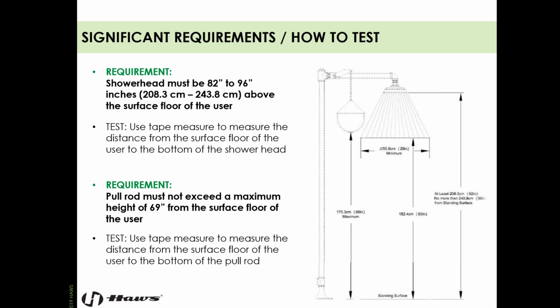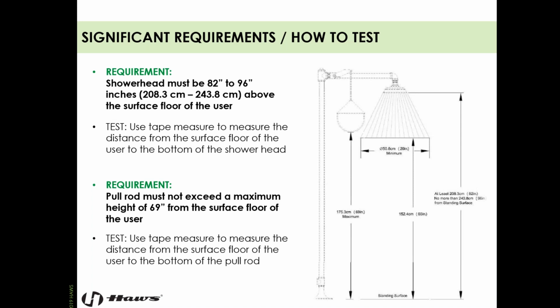If it's too low, the shower flow pattern may be too narrow and won't cover your body appropriately. And if the shower head's way too high, it's not going to flush you correctly. The water is going to be too spread out, and you're not going to get the full benefit of that shower. So 82 to 96 inches above the surface that you're standing on.